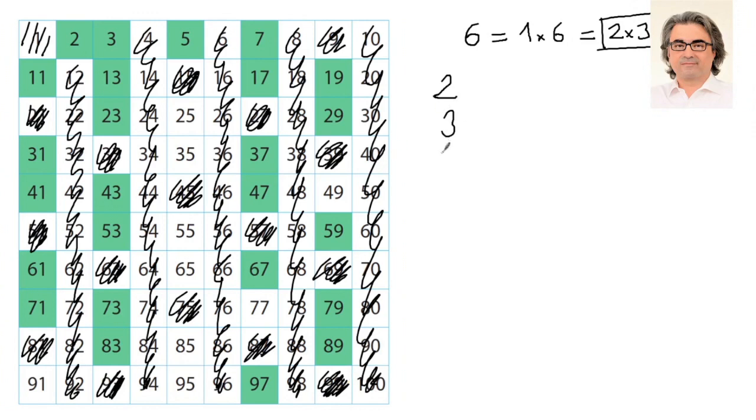So after 3, 5 comes as a prime number. So I should claim all multiples of 5. 5, 10, 15, 20, and 25.